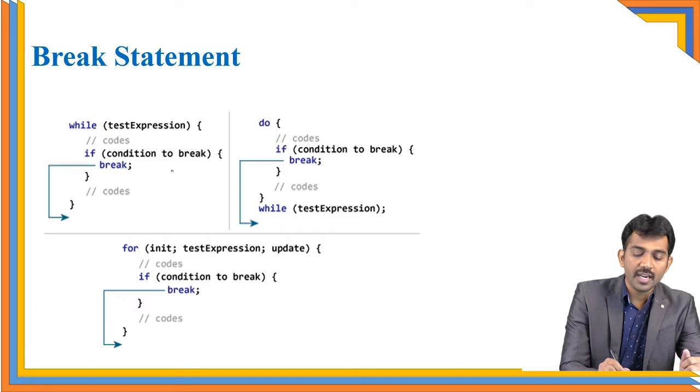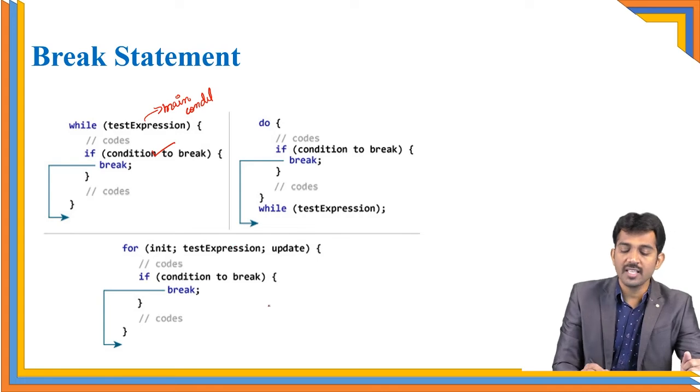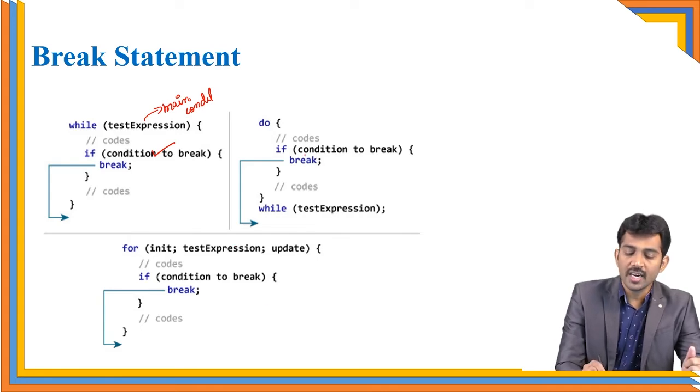But when the condition for the break goes true, you just get out of the loop without worrying about the main condition. And the same here also: if the condition is true, by default you just get out of the loop.